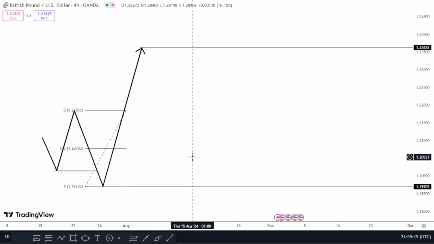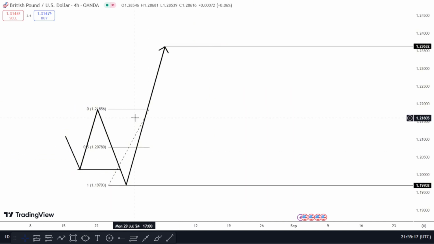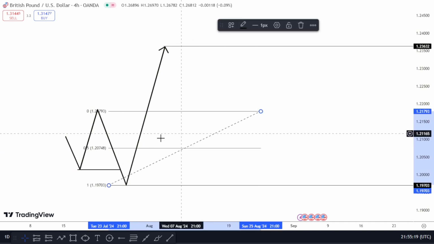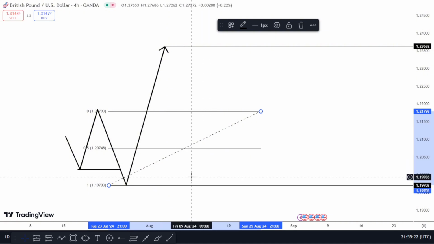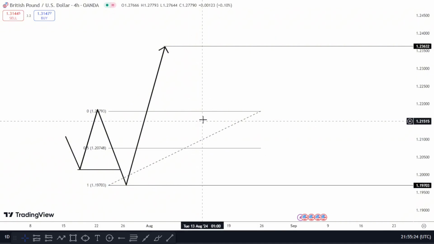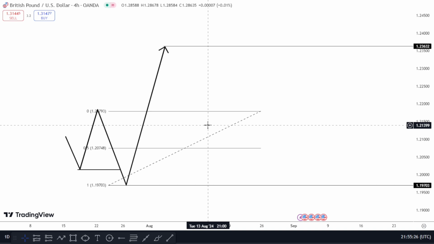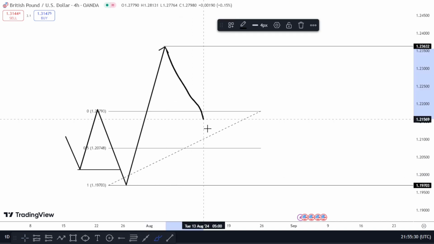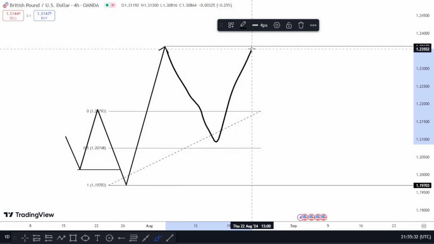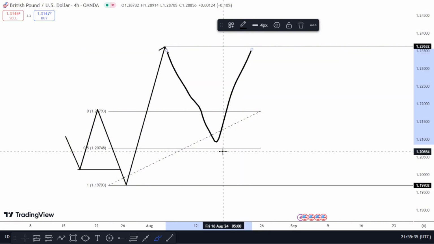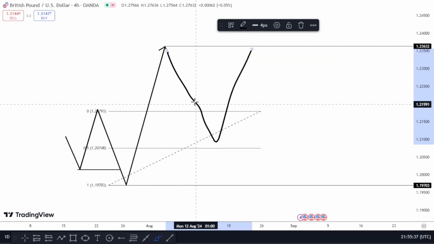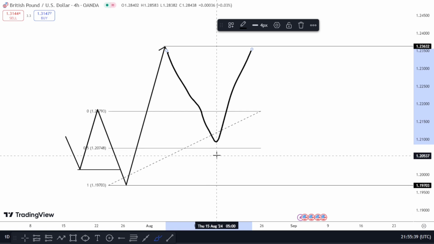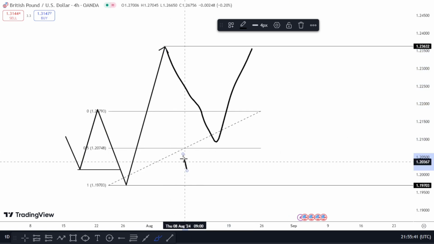So now, where is the discount level? We have the premium, we have the discount. So are you going to be buying from here? Are you going to buy from here? Are you going to buy from here up? No, that's not a good idea. It's better you wait for price to come to the discount here.